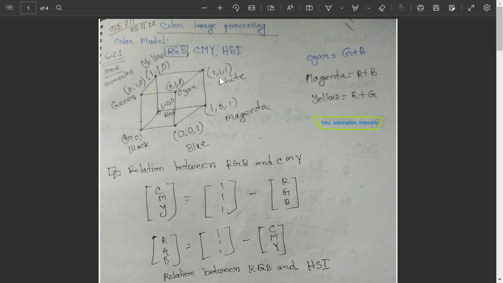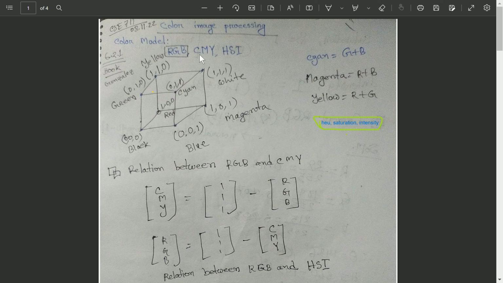So we know that in color image processing there are three types of color model. The first type is the RGB color model, the second is the CMY color model, and the third is HSI. In RGB, R refers to red, G refers to green, and B refers to blue.